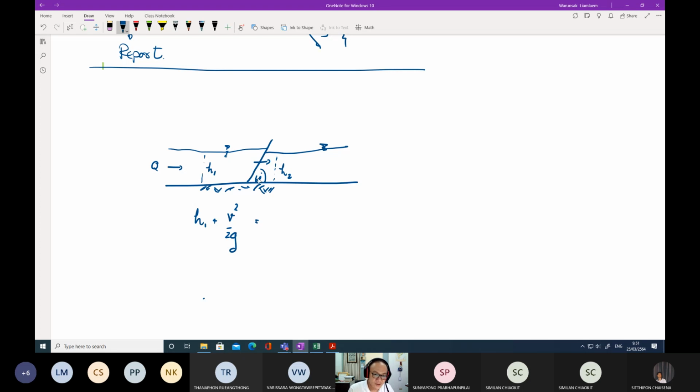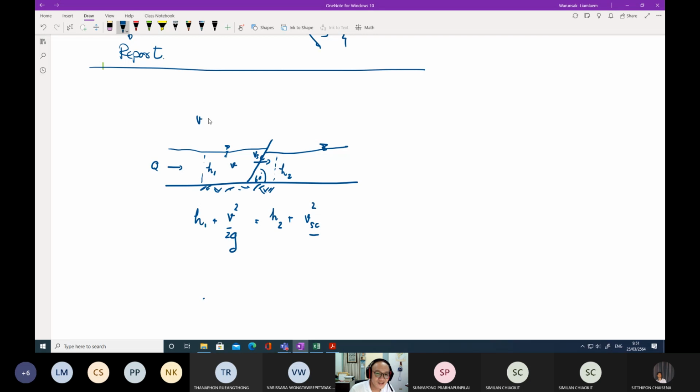After passing the screen at this position, the water level is given as H2, and of course the velocity passing through the screen is given as Vsc. So this one is Vsc, and this one is V. V is the approach velocity.